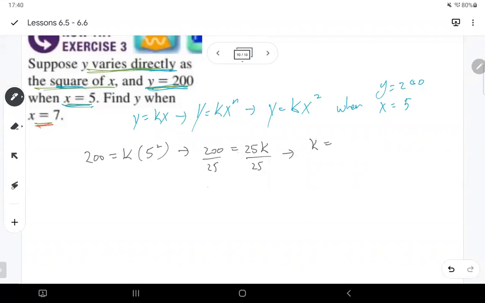So then when we solve for k, 200 divided by 25 is 8.